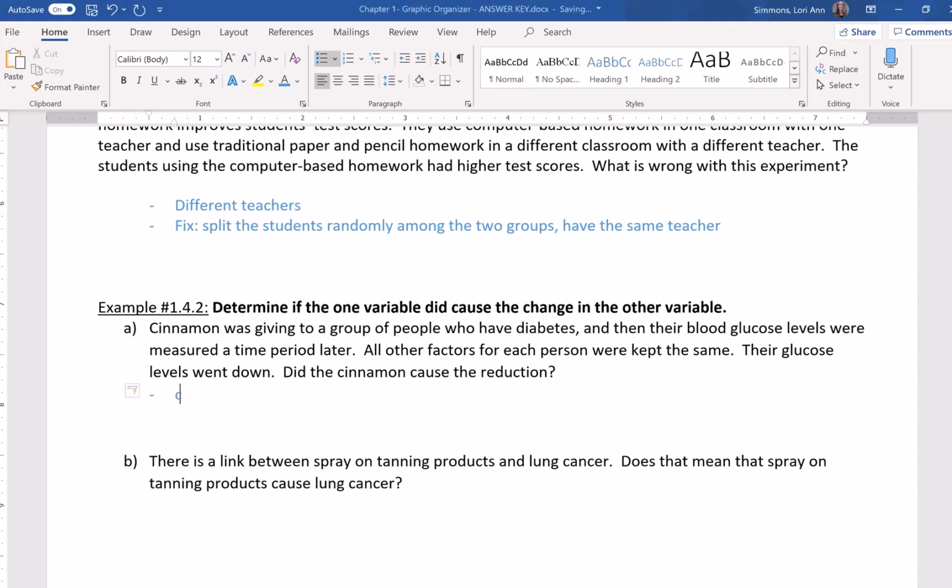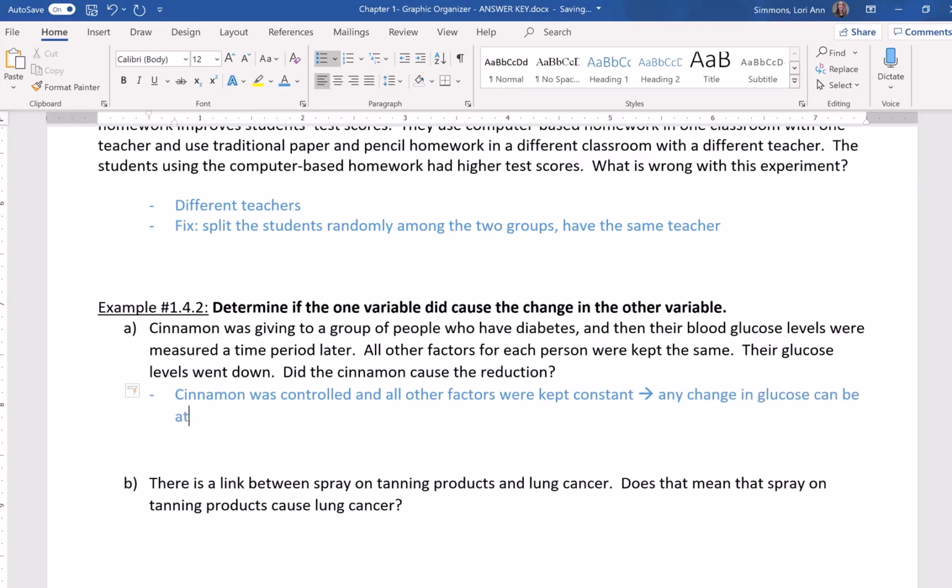So we noticed that the cinnamon was controlled and all other factors were kept constant. So when you have that, then any change in glucose can be attributed to cinnamon.